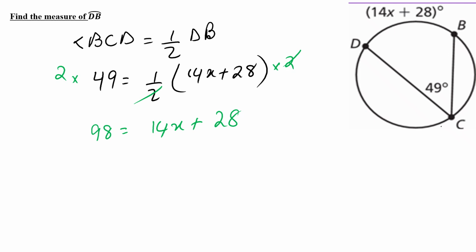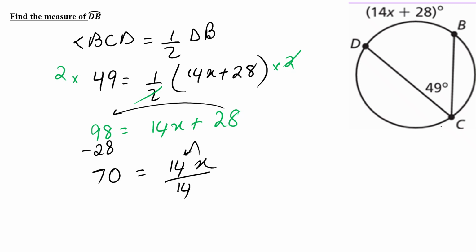Bring the 28 to the other side, which gives negative 28. So 98 minus 28 gives us 70 equals 14x. The number written with the x is 14, so divide both sides by 14. So what do you get? We get 5. So x equals 5.